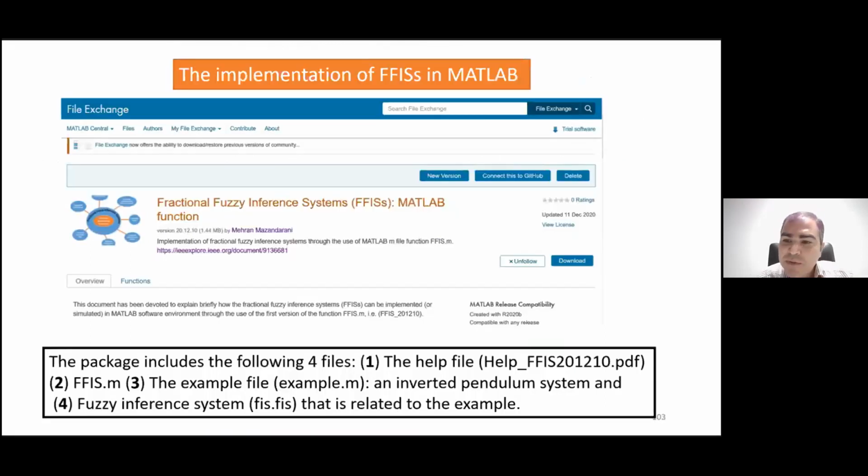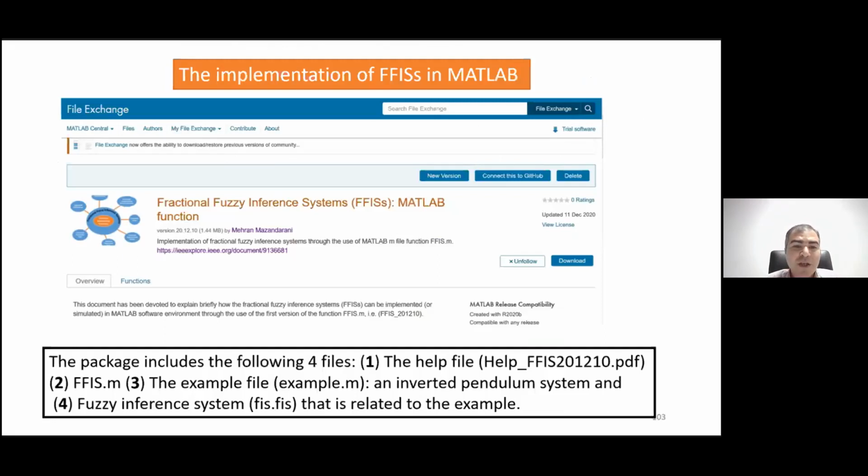A package has been prepared in order to implement FFIS in MATLAB very easily, and it is very simple. This package is accessible freely from the MathWorks website, or can be found on the ResearchGate website.